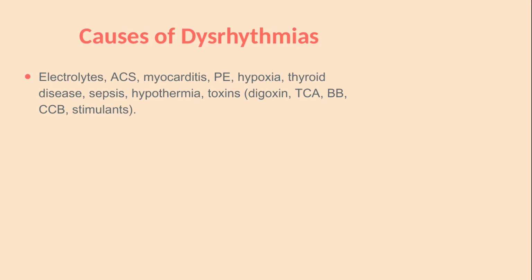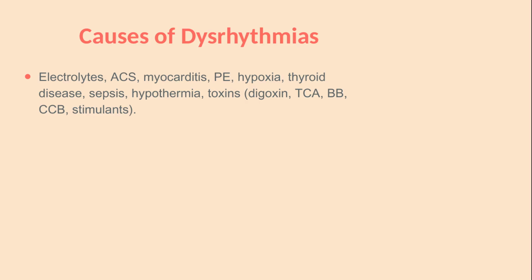Hypoxia from any cause makes the myocardium irritable, and so does sepsis, where tachyarrhythmias are common and rate control without source control fails. Hypothermia slows everything and produces its own characteristic findings. Thyroid disease swings both directions. Thyrotoxicosis drives atrial fibrillation, while hypothyroidism causes bradycardia.